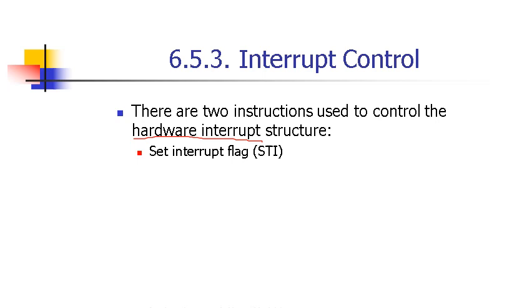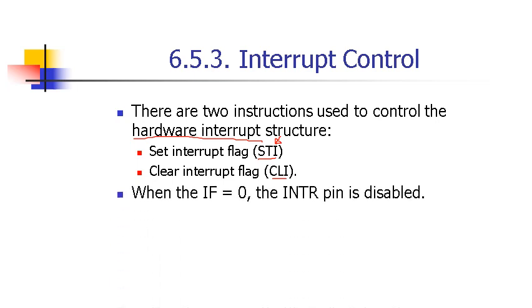So what the printer does is set the interrupt flag bit to warn the system that a hardware interruption is being sent. And when it's done, it clears this interrupt flag bit.